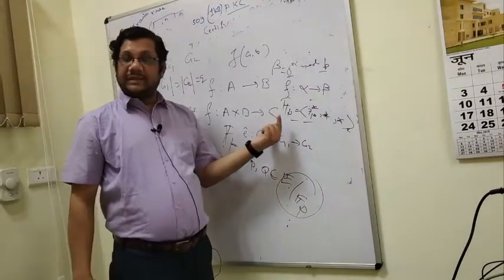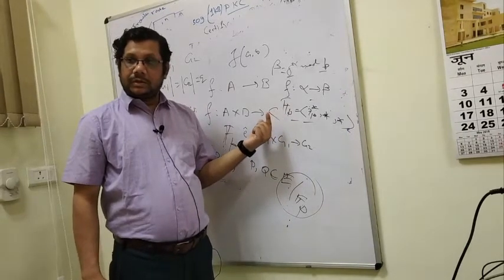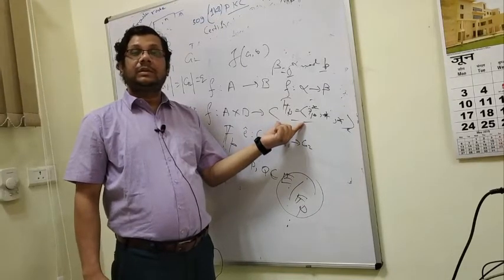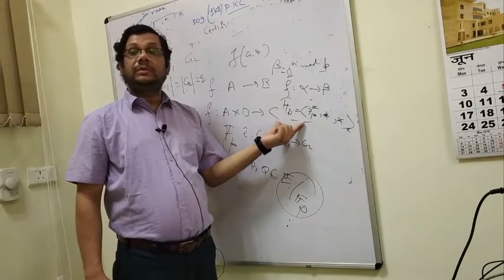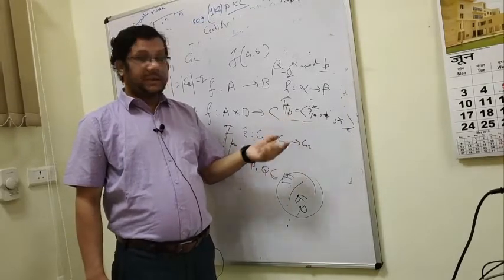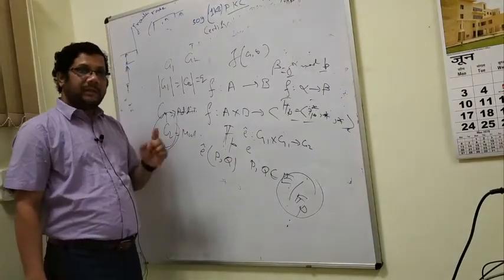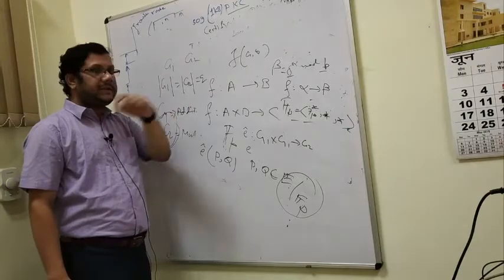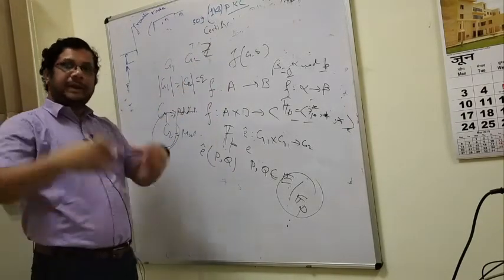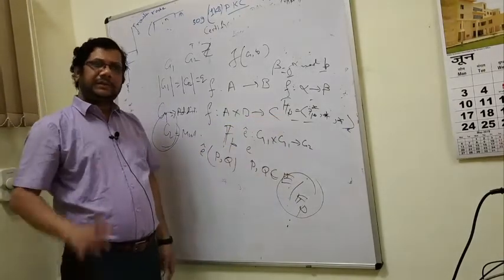What are the elements of this Fp? 1 to P minus 1. So the elements are integers. Elements are essentially integers, but not any integer, 1 to P minus 1. If I say integer, then people will understand that it is Z, meaning minus infinity to plus infinity. So to be specific, it is an element of Fp, actually integers.